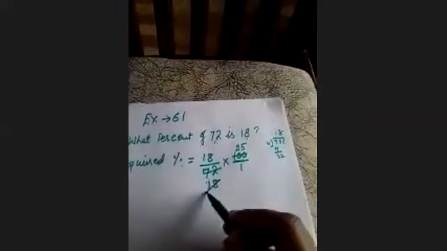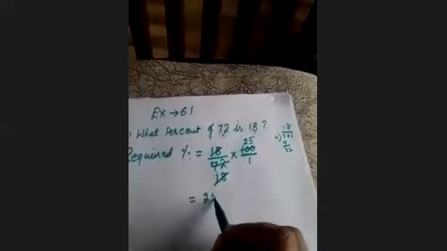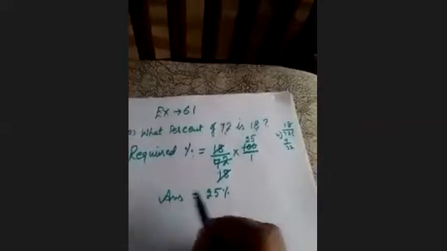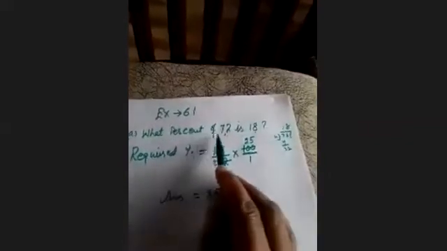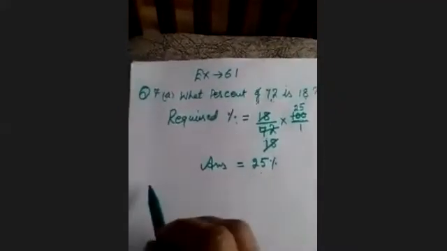Now 18 and 18 cancel. So our required percentage is 25%. So it means 25% of 72 is 18. Clear, students? Next is part B.